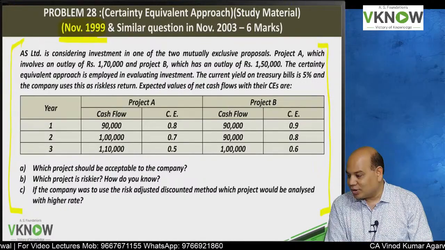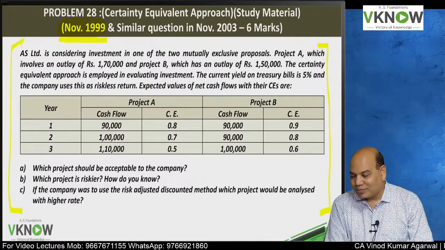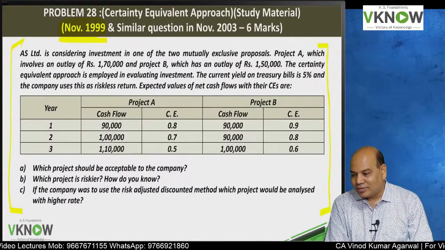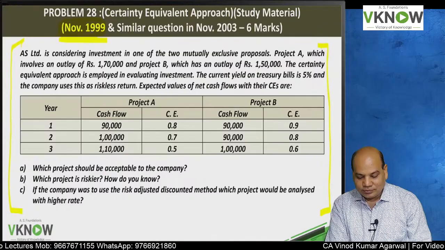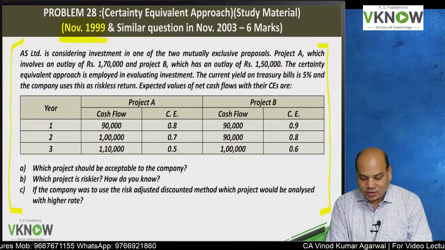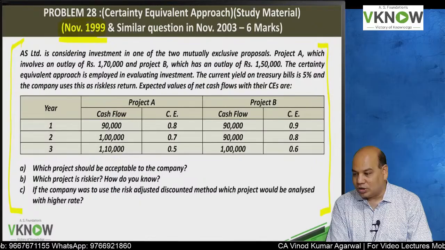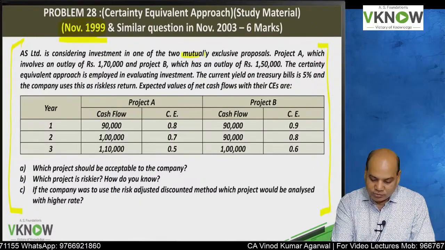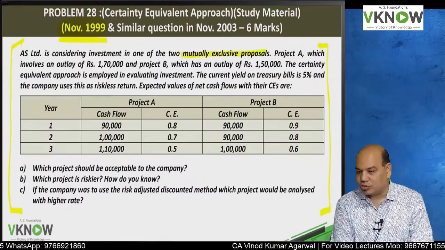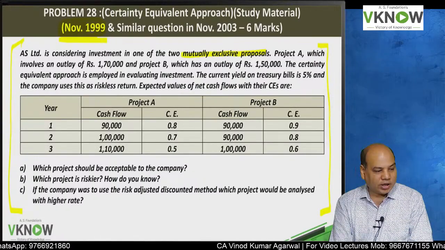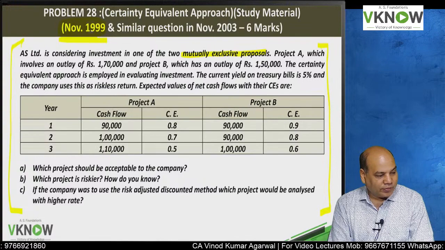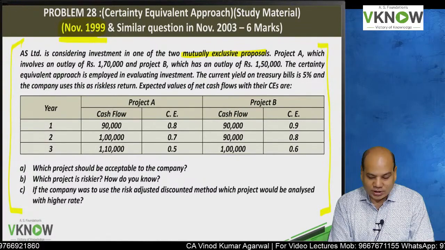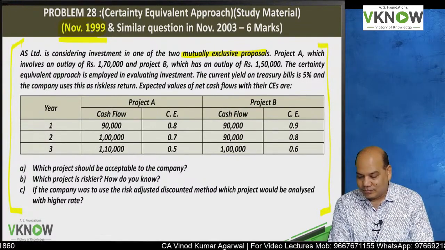Okay, so we'll come to question number 28. AS Limited is considering investment in one of the two mutually exclusive proposals. What is the meaning of mutually exclusive proposal? Only one of the two can be selected. Both cannot be selected.